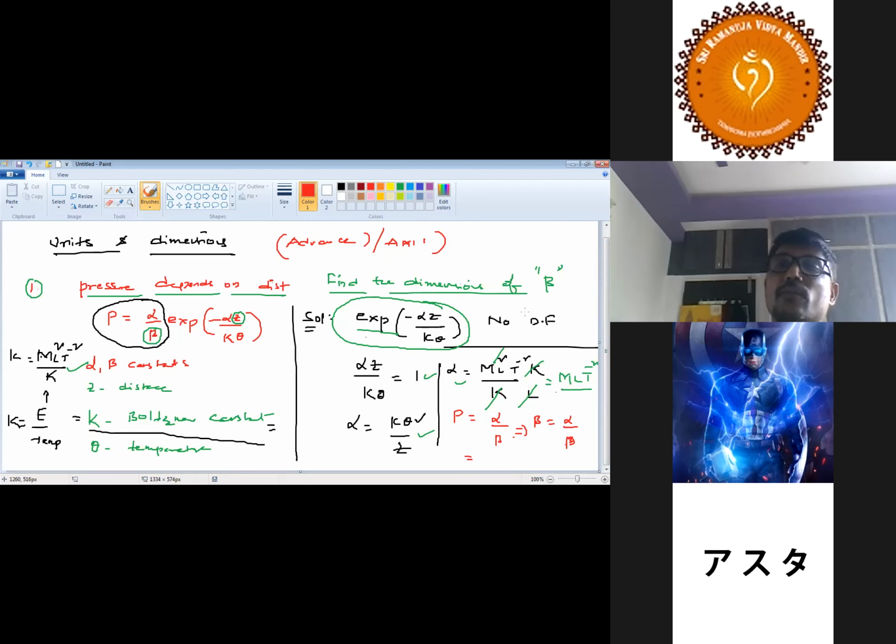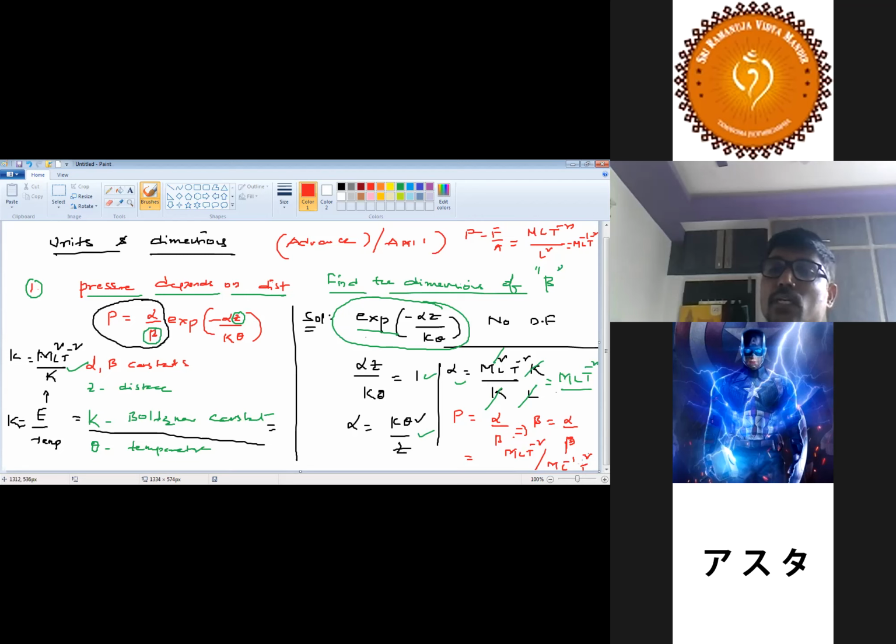Now the dimension formula for pressure. Pressure is force per unit area, so this M L T power minus 2 is force, and this is L square. So pressure is M L power minus 1 T power minus 2. Already you have M L T power minus 2 for alpha, and M L power minus 1 T power minus 2 for pressure.